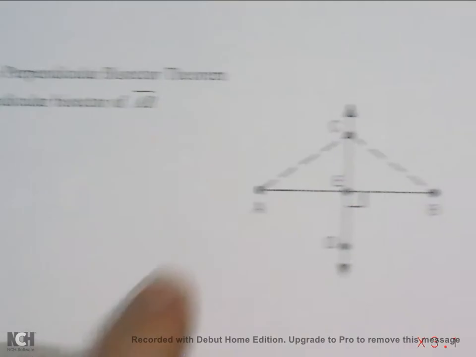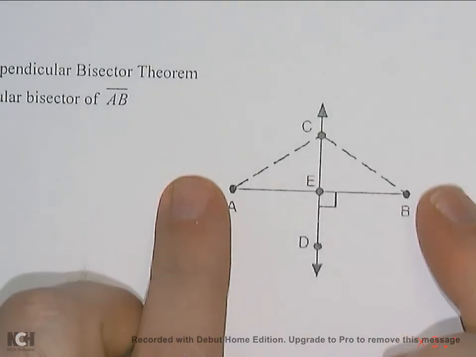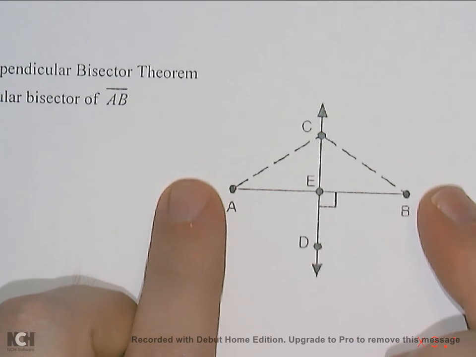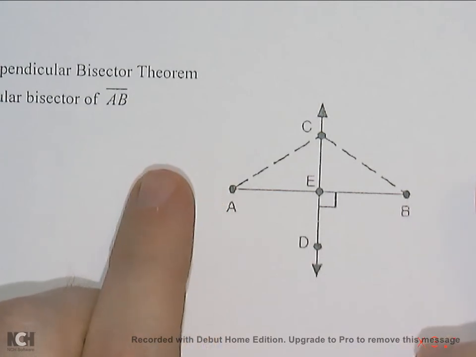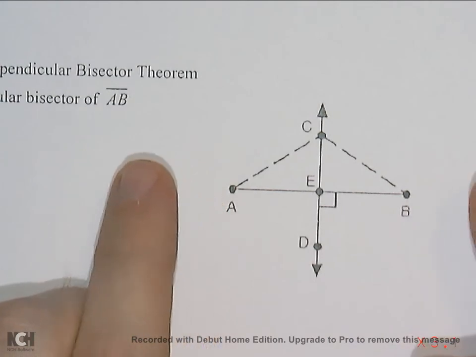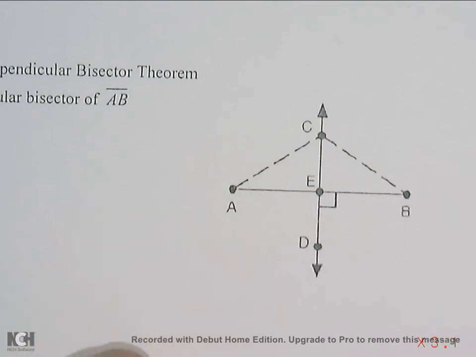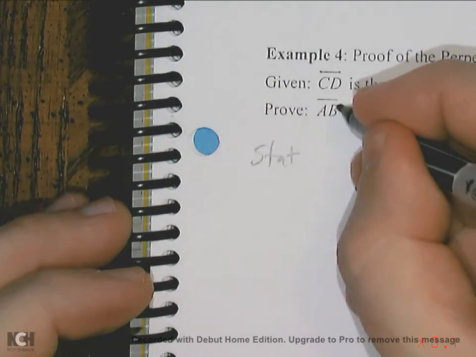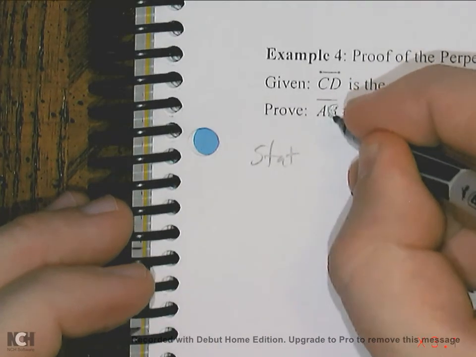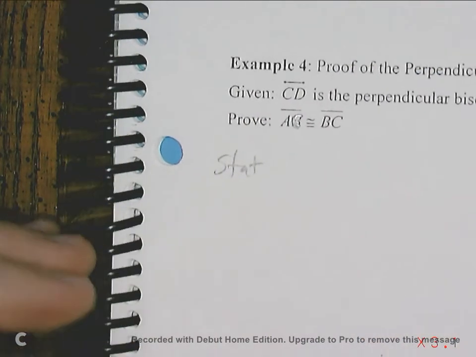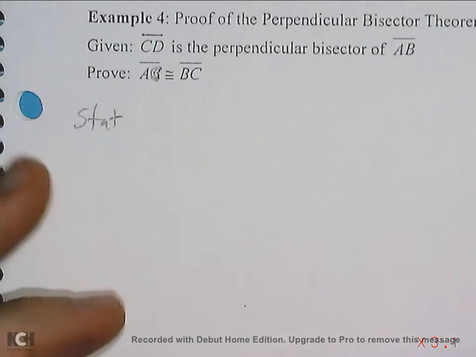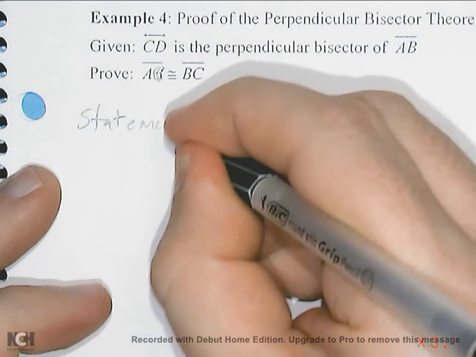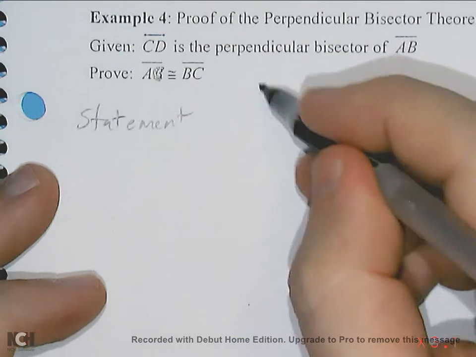And I'm trying to prove that AB is congruent to BC. Wait. That is a typo. That should be AC. AC. Sorry. Okay. Statements and reasons.